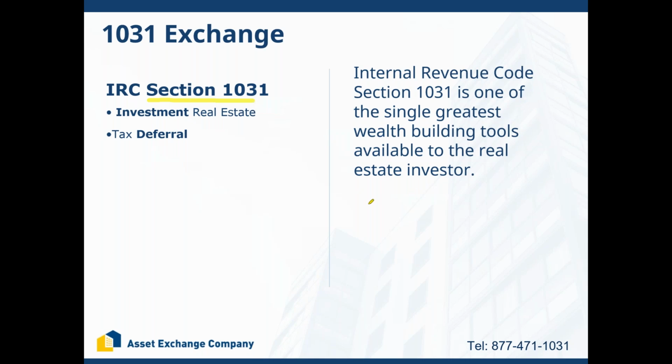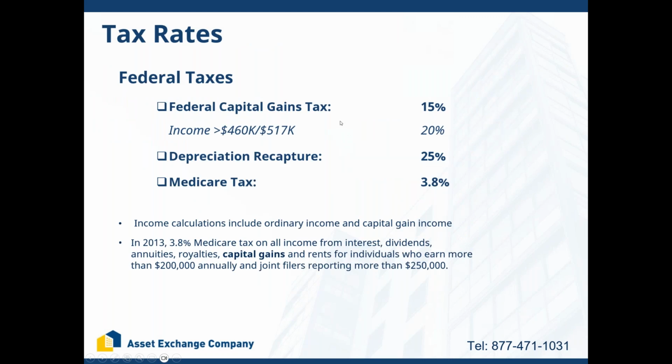Now, I gave you that number, 33%, right? And the way I get that number is by combining the state and federal taxes. So let's go ahead, because this is our advanced 1031 exchange class, and talk a little bit more in detail about federal and state taxes.